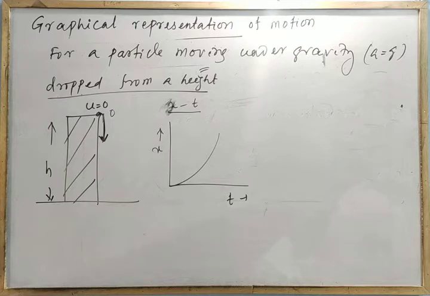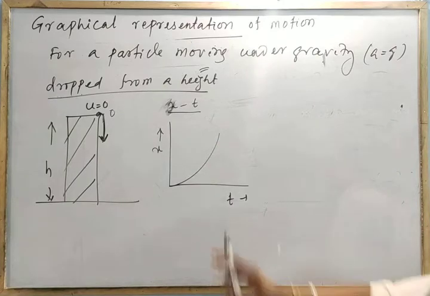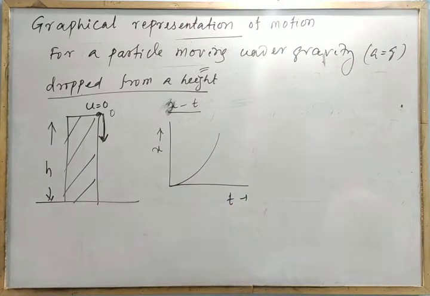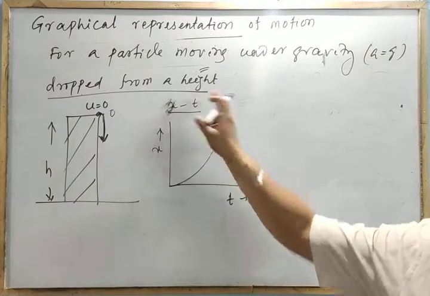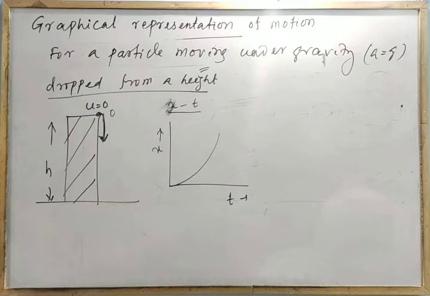The particle is moving with a constant acceleration, and the position time graph will be like this. So the position or distance increases with time. So this is the position time graph, or the distance time graph. Right. Next, the velocity time graph.